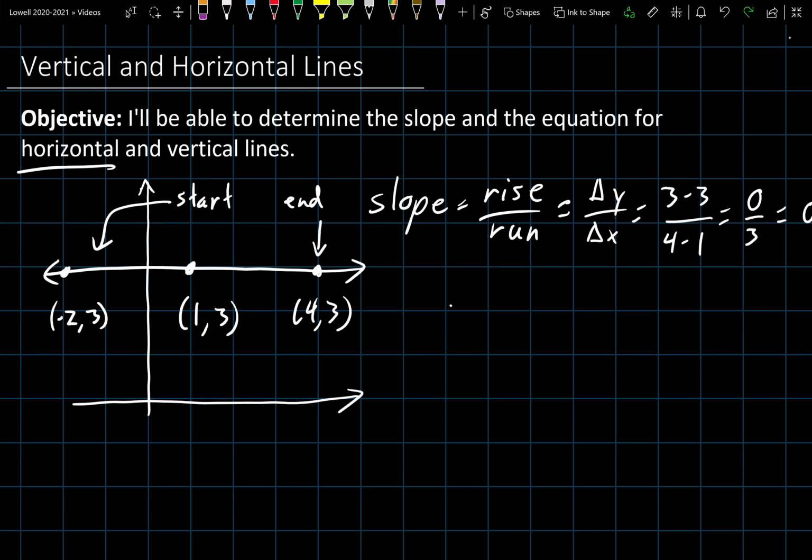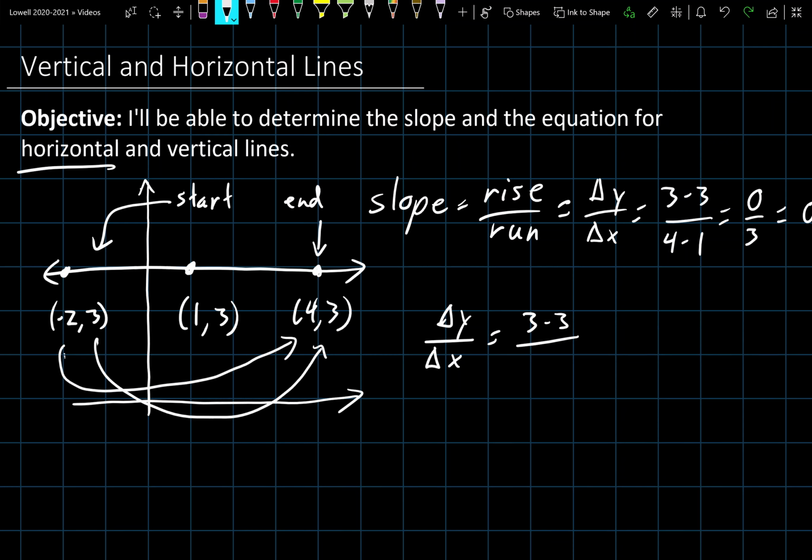If I did that, then my slope, delta y over delta x, delta y would still be from 3 to 3. And my delta x then, we're going from negative 2 to 4. So 4 minus negative 2. Just keep track of that negative sign. You'll get 0 over 6, which is still 0.